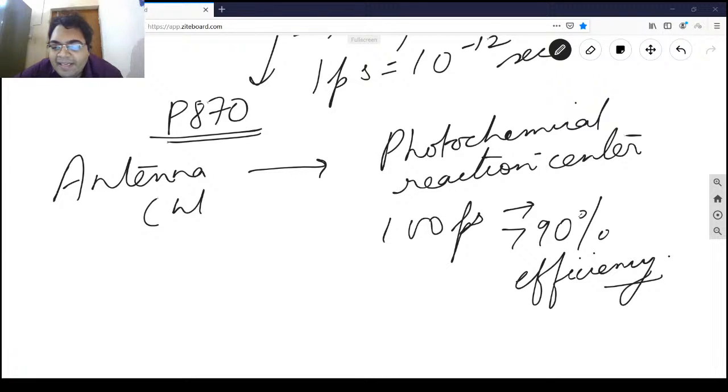And less than 200 picoseconds later, the electron has reached the quinone B, or QB, ubiquinone. So it is a very rapid transport of electron from one electron carrier to the other.